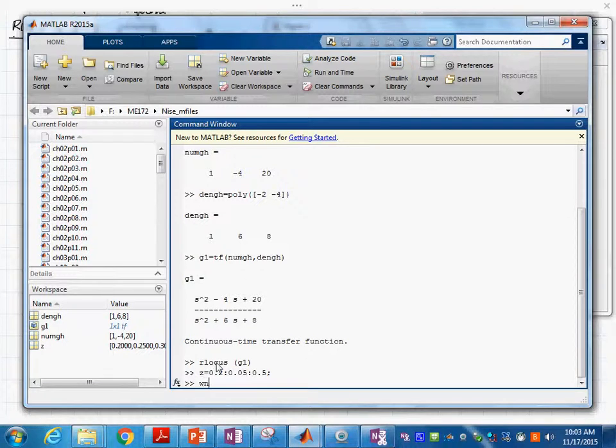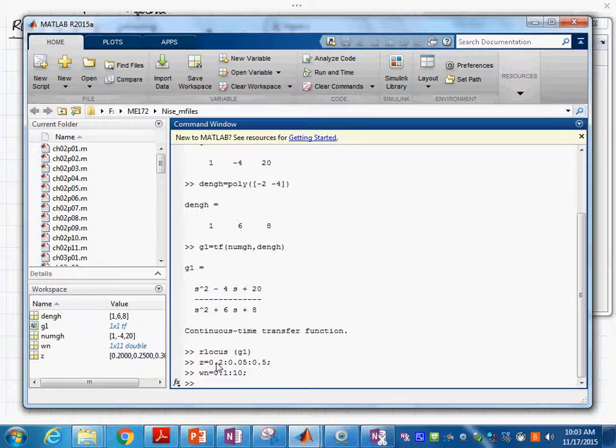For the natural frequency, we're going to establish again a range from 0 in steps of 1, let's say, until 10, like that.